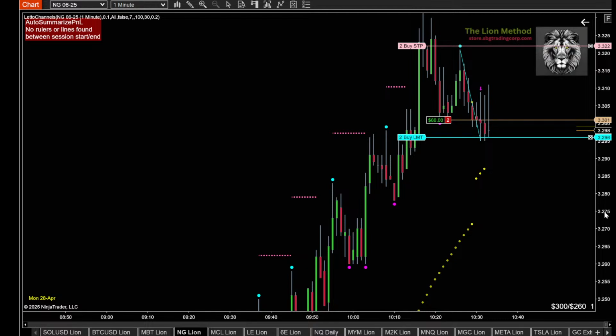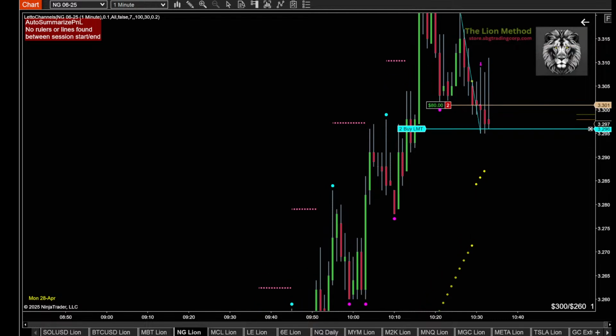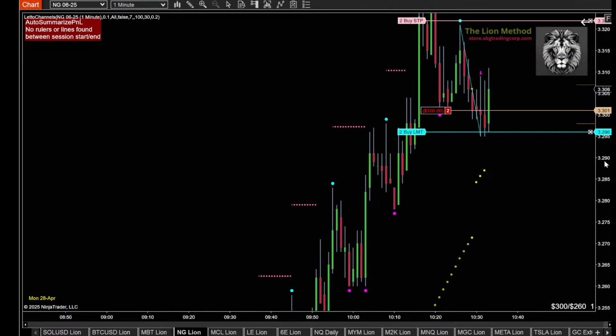All right, almost there. I think we touched the price, but just didn't push through it. So our targets are tightened up quite a bit to that area of support. Let's see if Nat can push down there again.